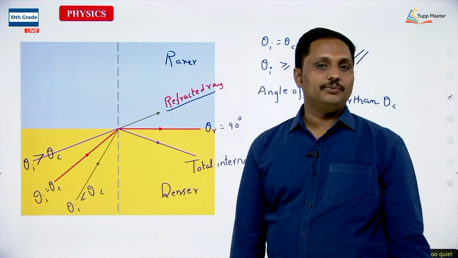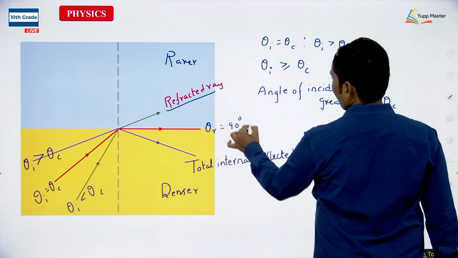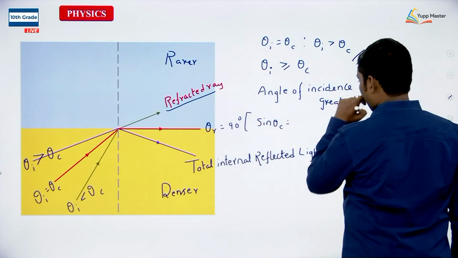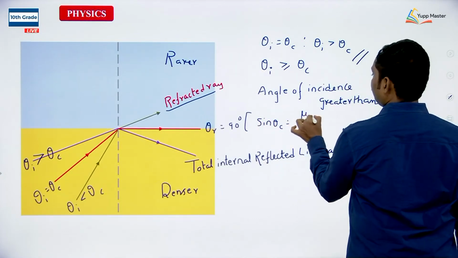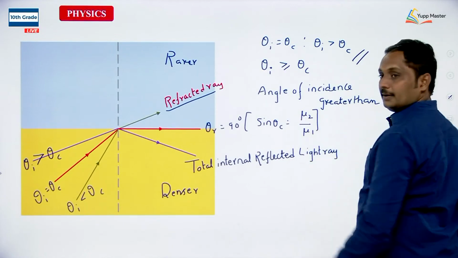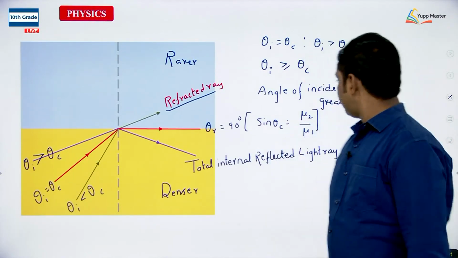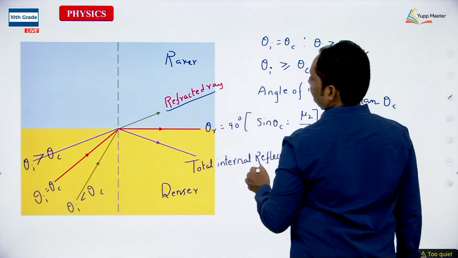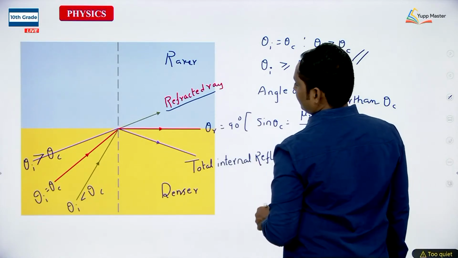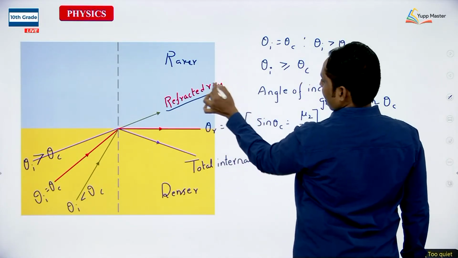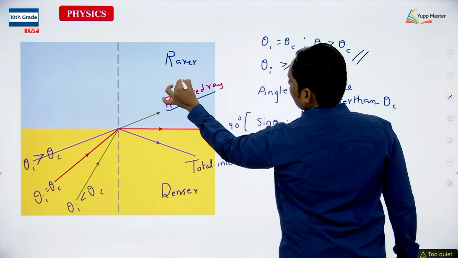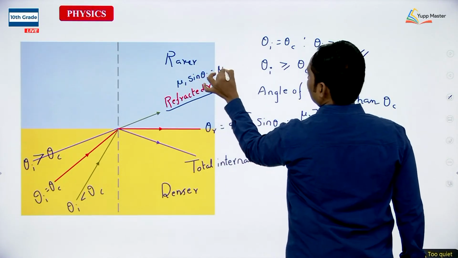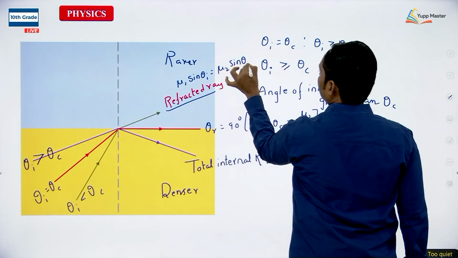What they are going to ask in the problems, you can confirm. For this ray, you will get sin theta c is equal to mu 2 by mu 1. This is the case we are going to identify. For the refracted light ray, for this ray, you can take mu 1 sin theta I is equal to mu 2 sin theta r.